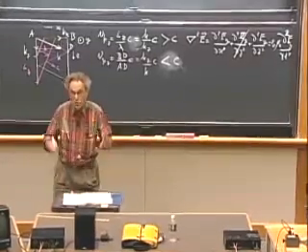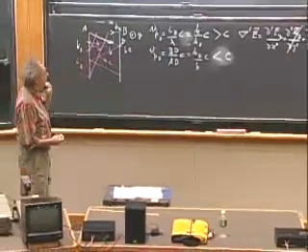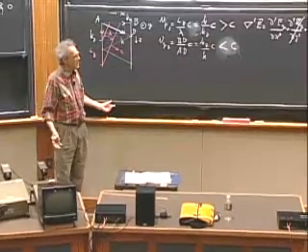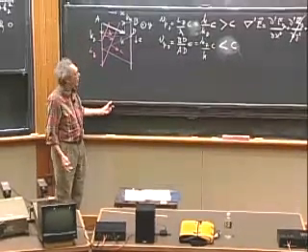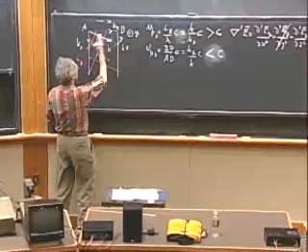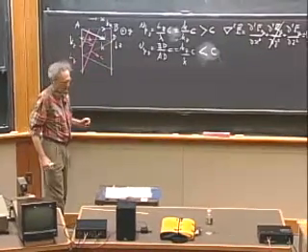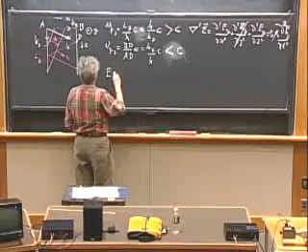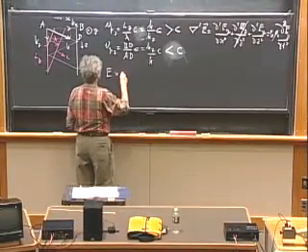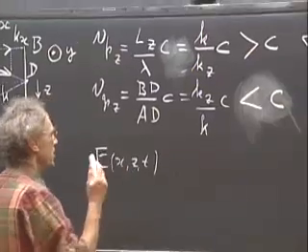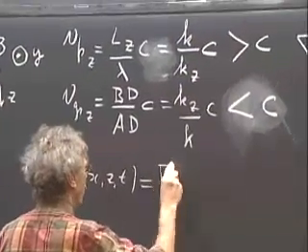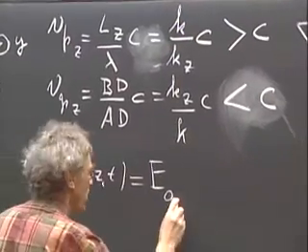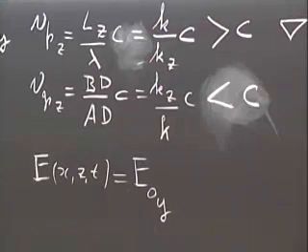So the solution for the wave that goes from here to here immediately presents itself because we have a lot of experience now. It's going to be a standing wave in the x direction and it's going to be a traveling wave in the z direction. So E, as a function then of x, z, and t, because E itself is not a function of y, is then some amplitude E0. To remind you that it's only in the y direction, I'll be nice to you and put a y there.